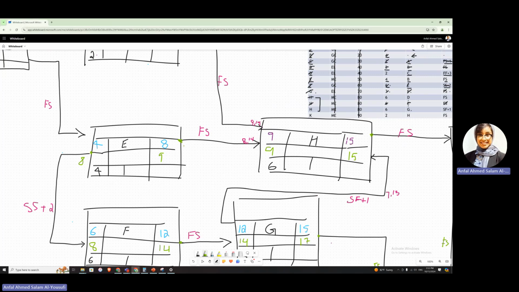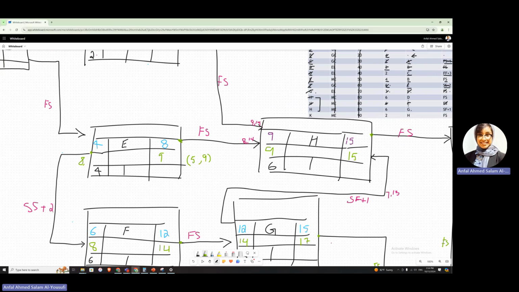And we have number 9 coming from here. So if we took 9 as an example, as our endpoint, our start point would be 9 minus 4, which would give us 5. And from here, if we took 8 as the late finish, it would not be 8, sorry.